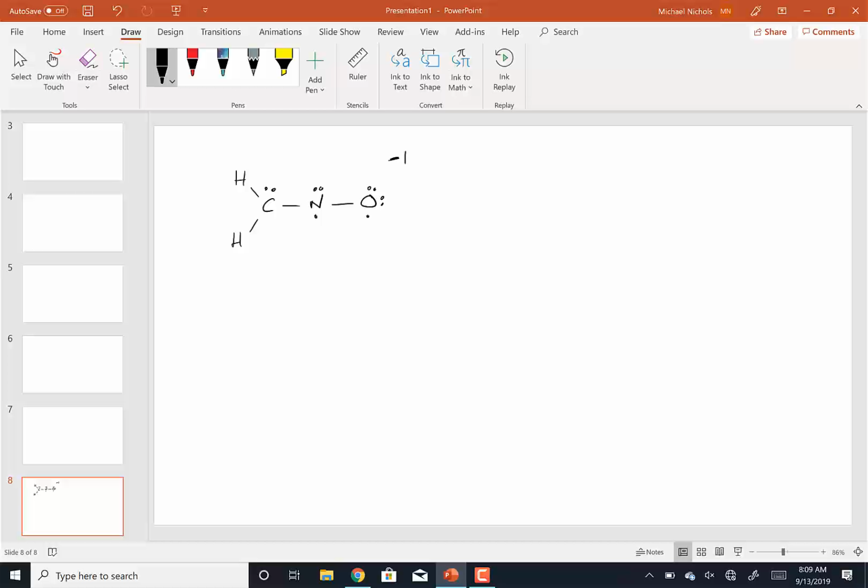Remember, as you're writing resonance structures, nitrogen, oxygen, and carbon cannot have 10. So if it has 10 electrons, you need to move those 2 electrons out to some other atom. If there's no other atom to move them out to, you may have 2 electrons too many in your system. Your formal charges have to add up to -1.